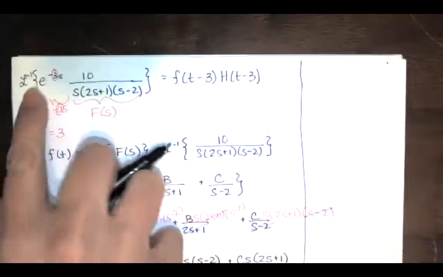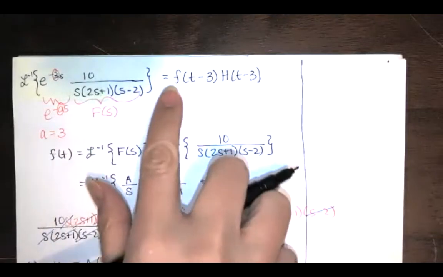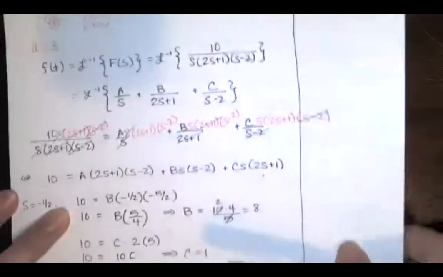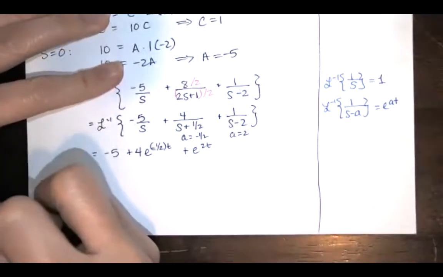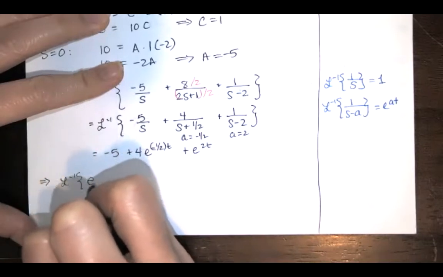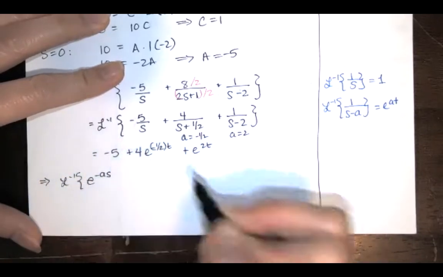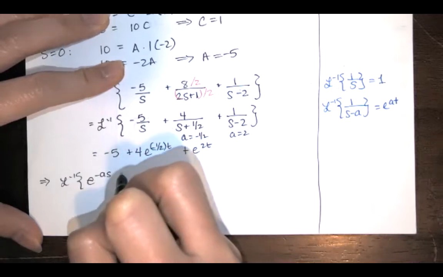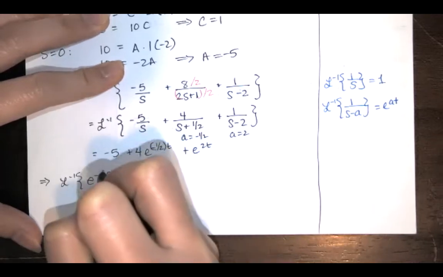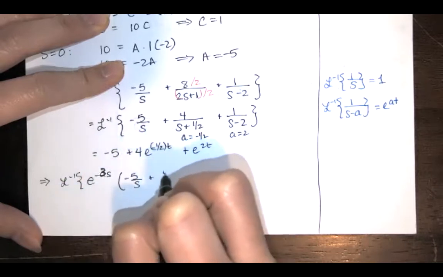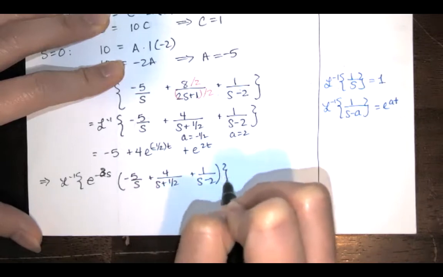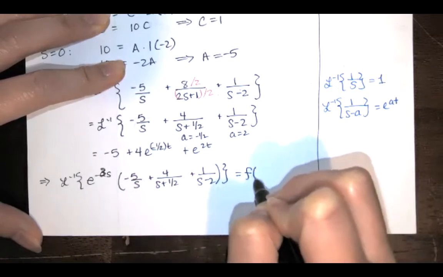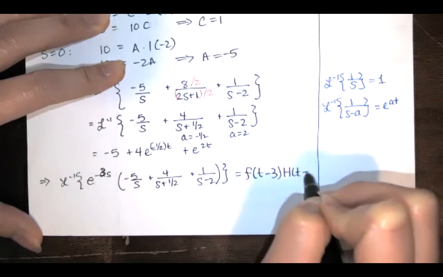Okay, but the inverse transform of this piece is f of t minus 3 times h of t minus 3. So that means the inverse transform of e to the negative 3s times that F of s, which we rewrote using partial fraction decomposition as this, is equal to f of t minus 3 times h of t minus 3.